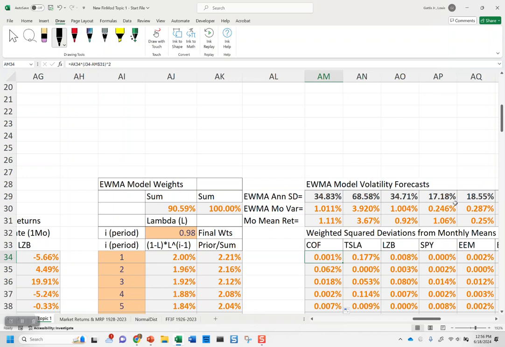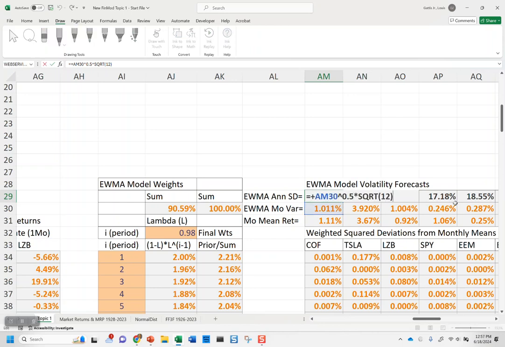Therefore, the Capital One square deviation from the mean for the most recent month is that weight times the return in that month minus the average return over all months, squared. If I sum up the square deviations from the mean times the probabilities, that is my monthly variance. I take the square root of that, that's my monthly standard deviation, but I want to annualize it and call it my annualized standard deviation.